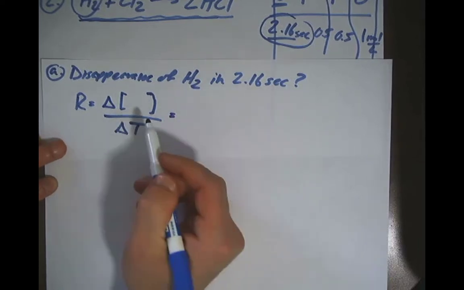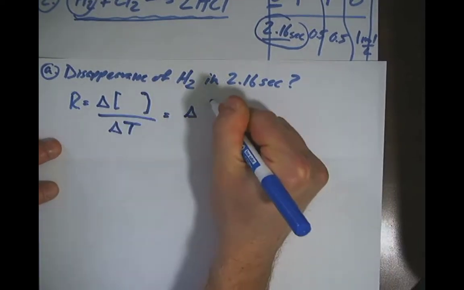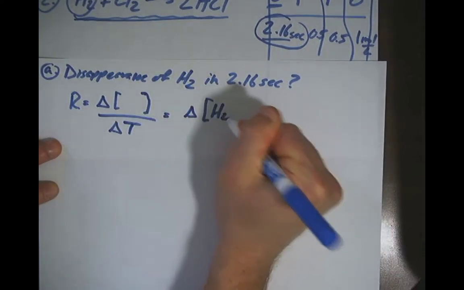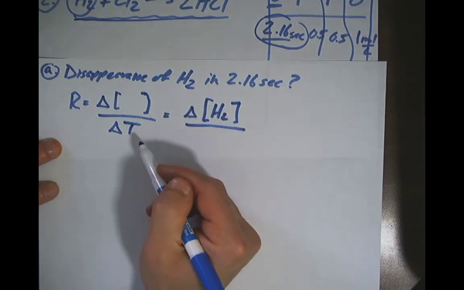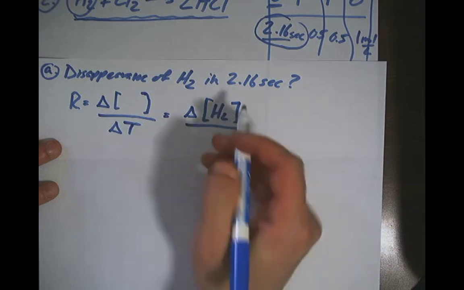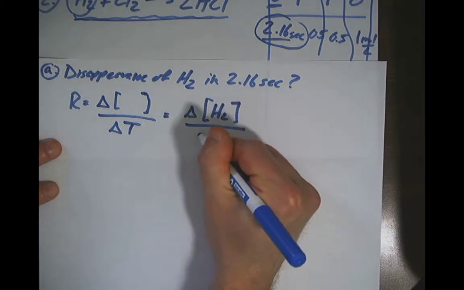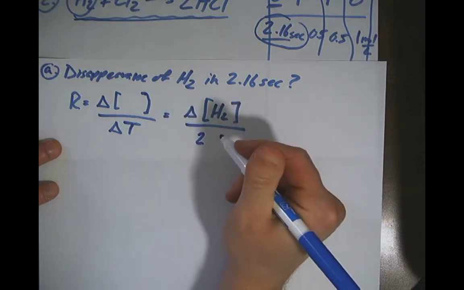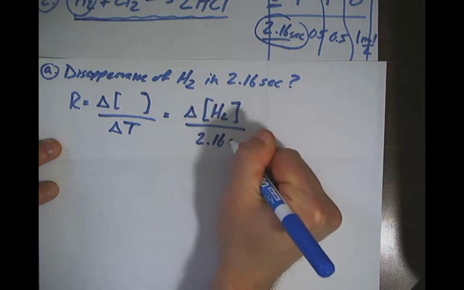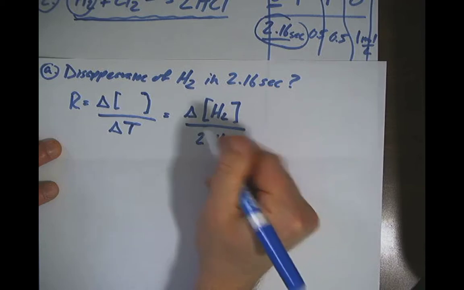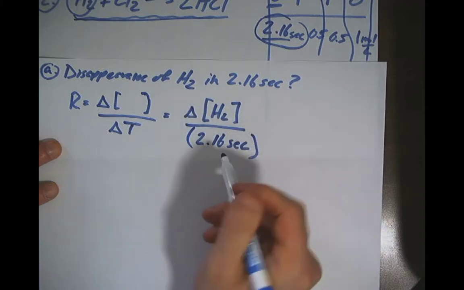So in this case, it's going to be the change in concentration of H2, and it's asking about the first 2.16 seconds. So our change in time is going to be T minus 2.16 seconds. So that's our change in T.